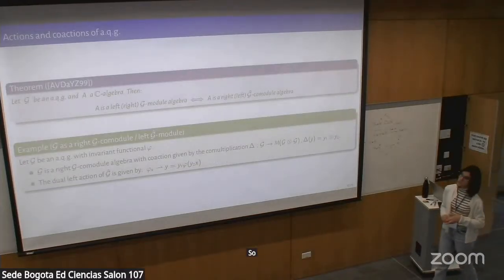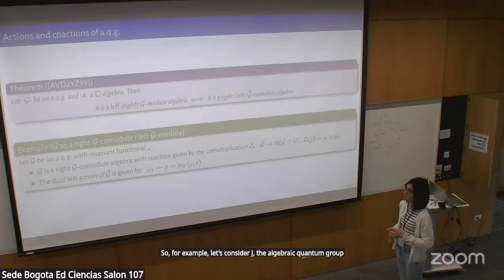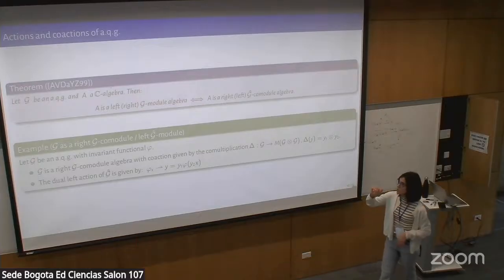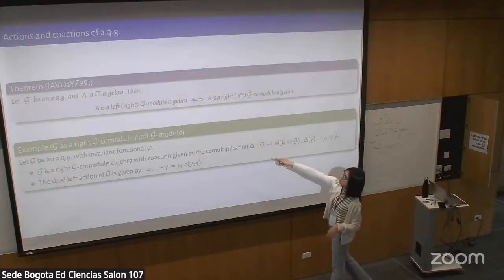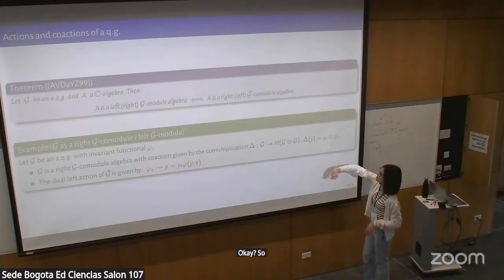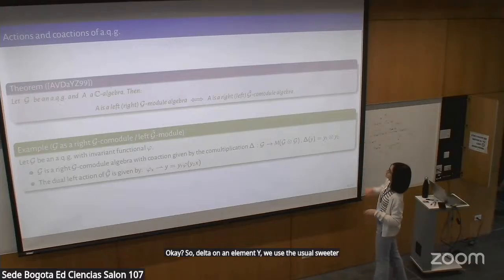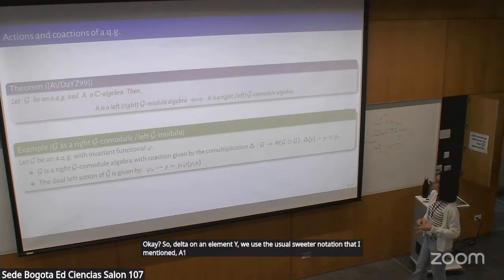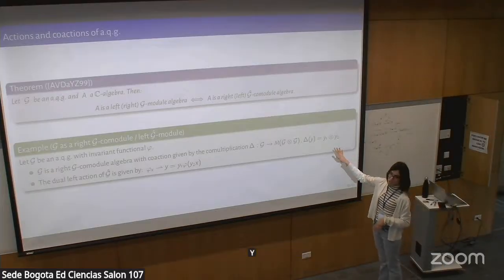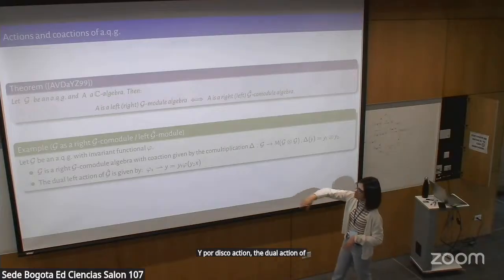So for example, let's consider G, the algebraic quantum group, which has an invariant functional phi. G is a right G comodule algebra with the coaction given just by the co-multiplication. Okay, so delta on an element y, we use the usual Sweedler notation that I mentioned, y1 tensor y2. And if we consider this coaction, the dual action of G hat is given like this.